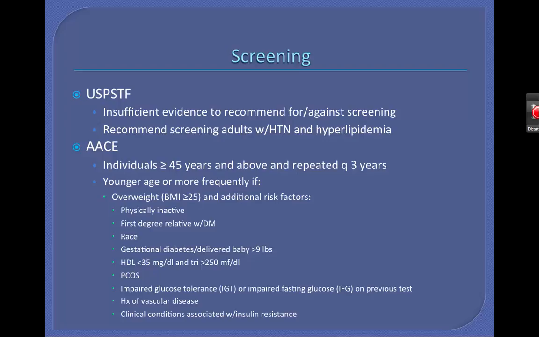Those factors are: physically inactive, first-degree relative with diabetes, race, gestational diabetes, delivered a baby greater than 9 pounds, HDL less than 35 and triglycerides greater than 250, polycystic ovarian syndrome, impaired glucose tolerance or impaired fasting glucose on previous tests, a history of vascular disease, and clinical conditions associated with insulin resistance, which would be obesity, physical inactivity, hyperlipidemia, and hypertension.